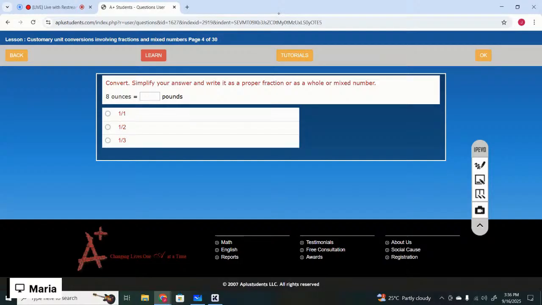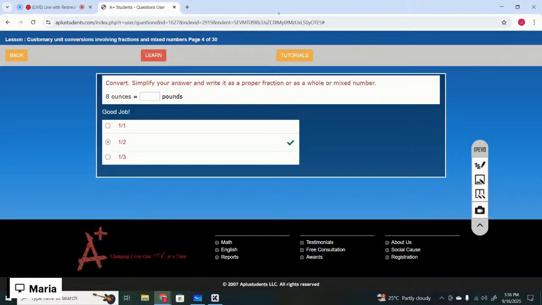8 ounces equals how many pounds? Half pounds, right? Because 1 pound equals 16 ounces. So 8 ounces equals 1 by 2 pounds.